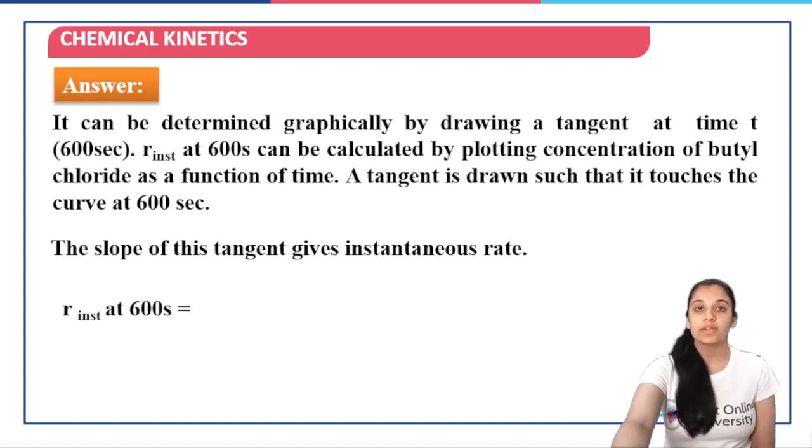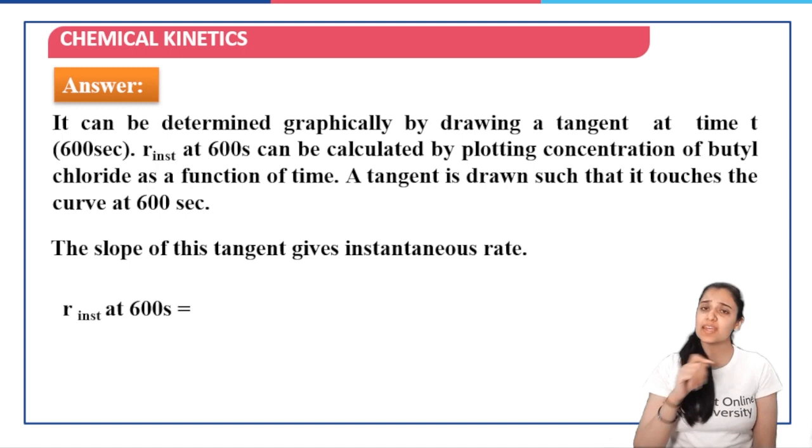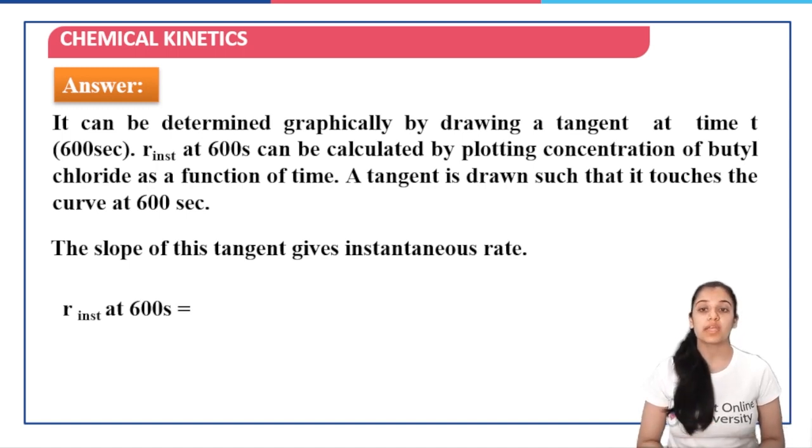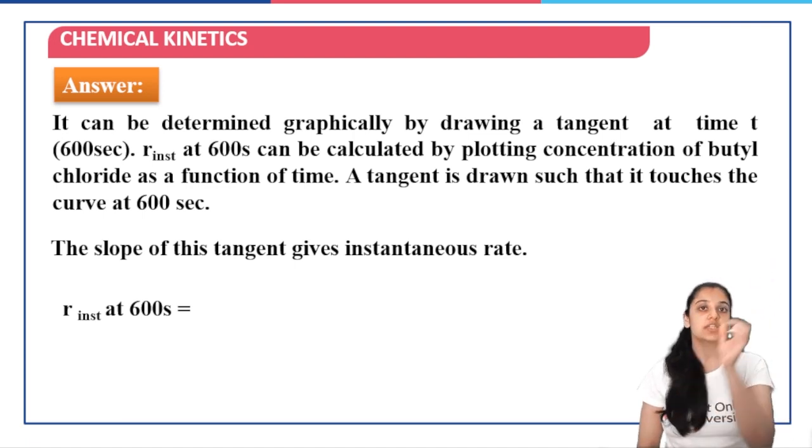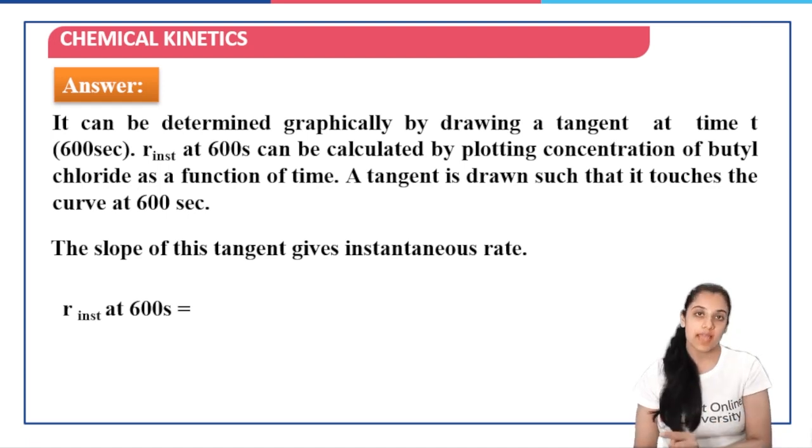And how do we calculate the slope? See, for any graph, not just this particular graph, wherever we want to find the slope using a tangent, once we have drawn the tangent, the slope is equal to y2 minus y1 upon x2 minus x1.